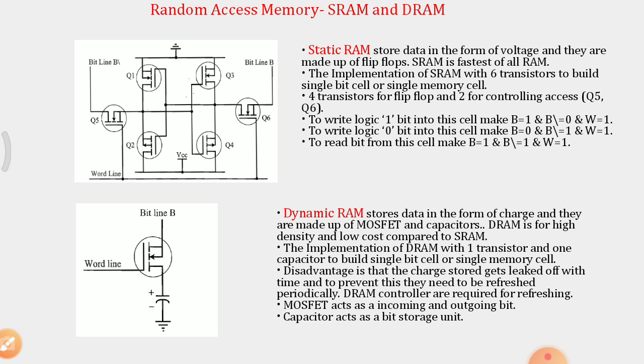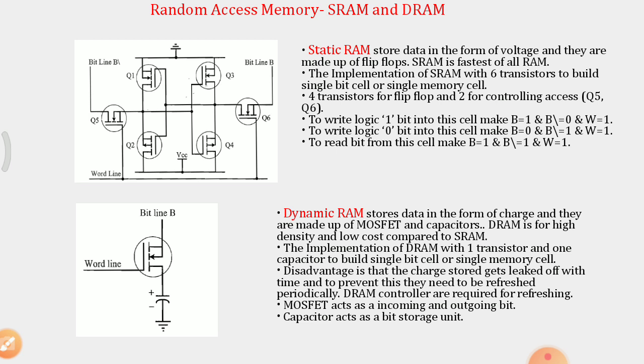Next, DRAM, dynamic RAM. Dynamic RAM stores data in the form of charge, whereas SRAM stores in the form of voltage. DRAM cells are made up of MOSFET and capacitors as shown in the figure on the bottom left. DRAM is for high density volume of memory and is of very low cost compared to the SRAM.